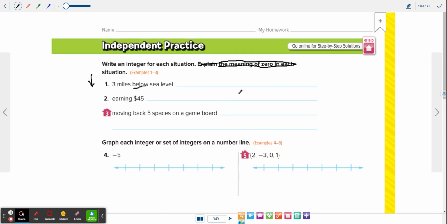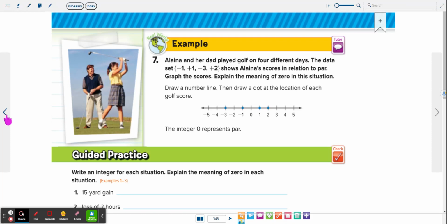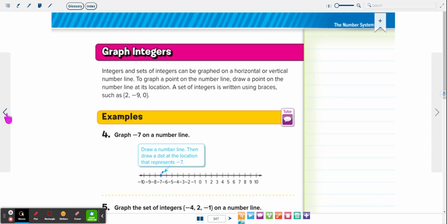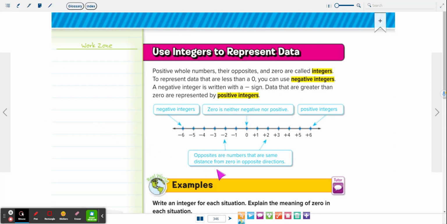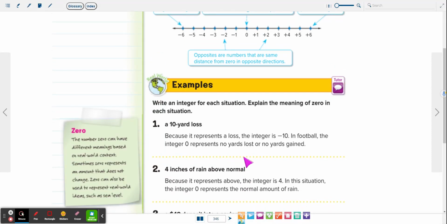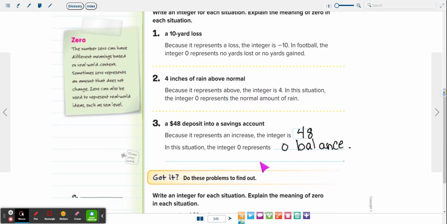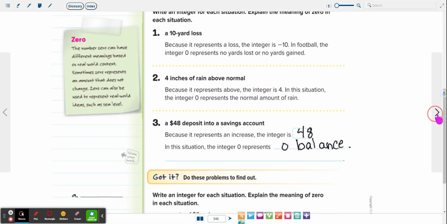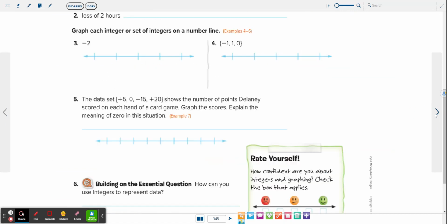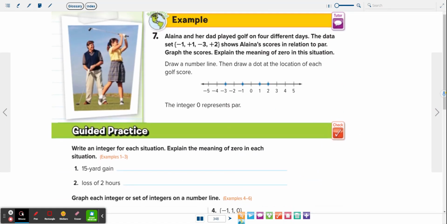Some keywords to remember, like we had back at the beginning here. A loss would be down, spending is down. Let's write some of these down real quick.